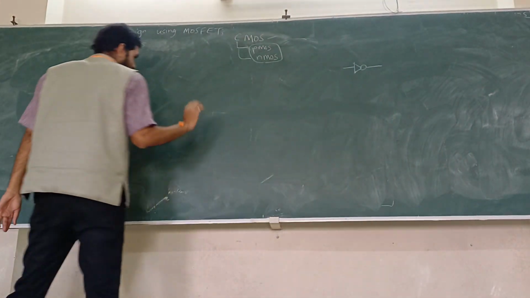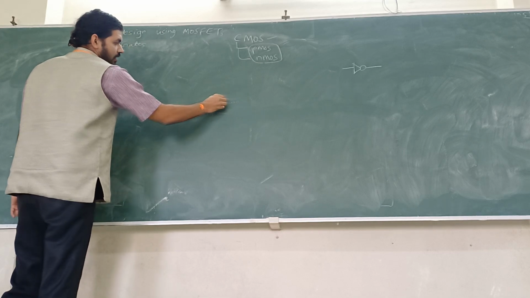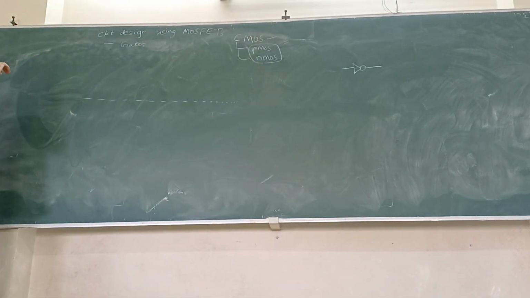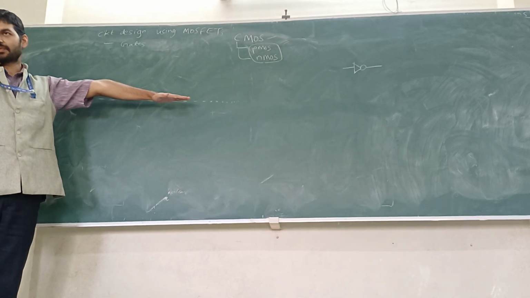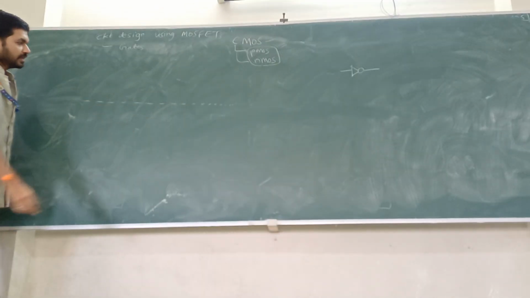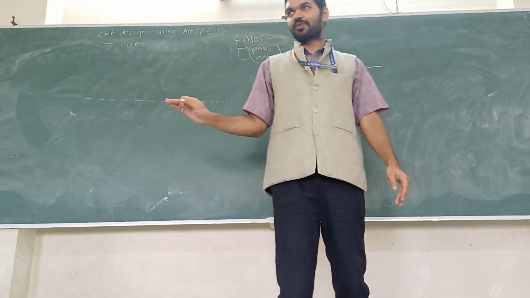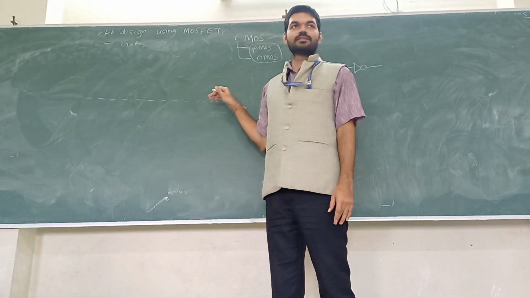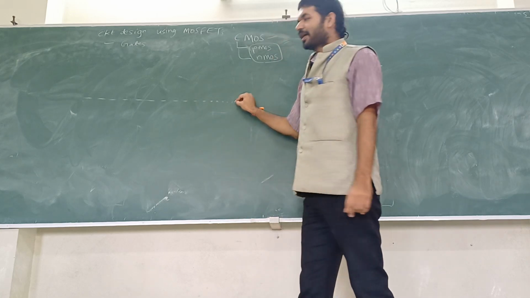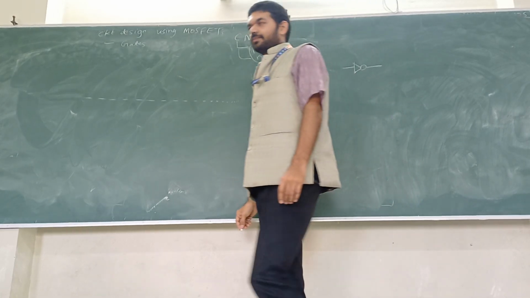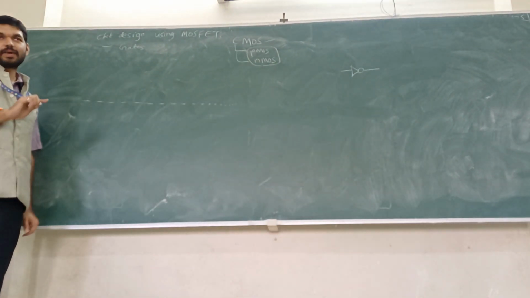The first and foremost rule is there will be an imaginary line at the middle of the circuit. You need not draw it, though I have drawn it for your purpose. This is called the demarcation line.